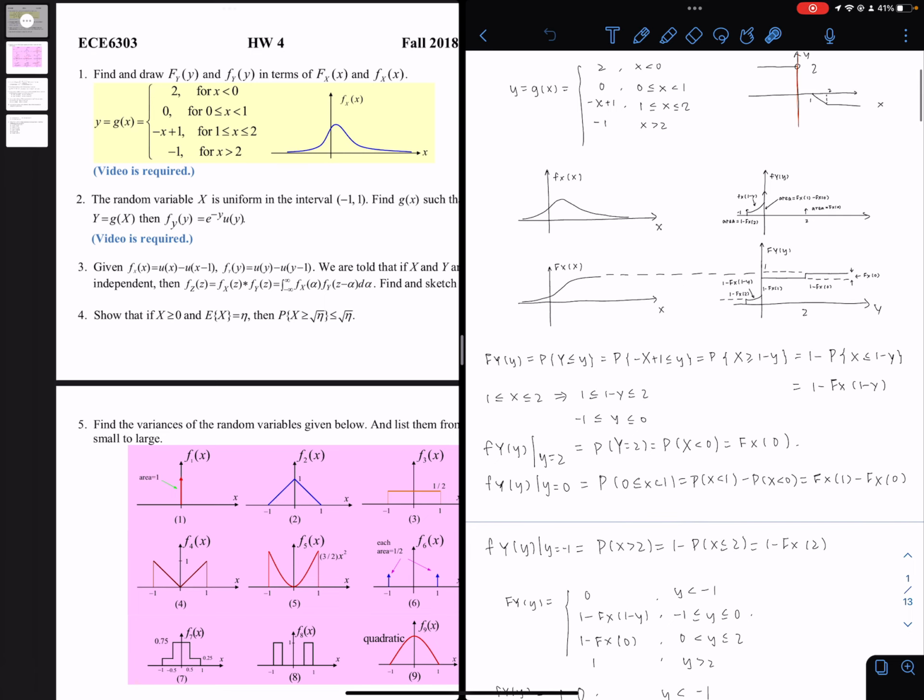So when y is between minus 1 and 0, we have this curve, pretty much 1 minus Fx of 1 minus y here.